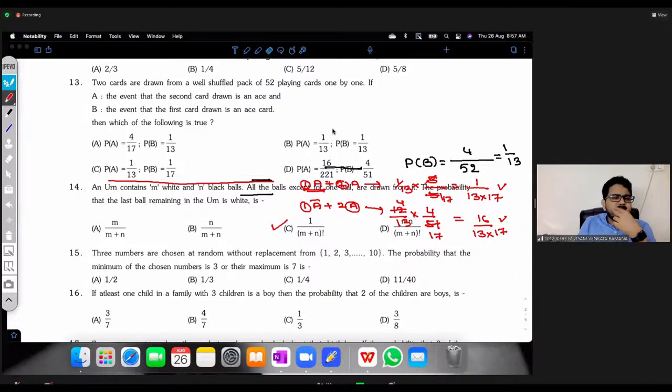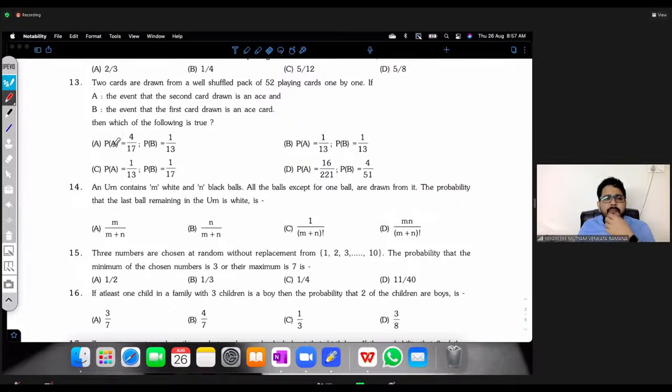Sir, in 13th B, we need not consider the second card, sir. In which one? 13th B, sir. No, here we are concentrating only on the first card. Yes, sir. Thank you, sir. Yeah.